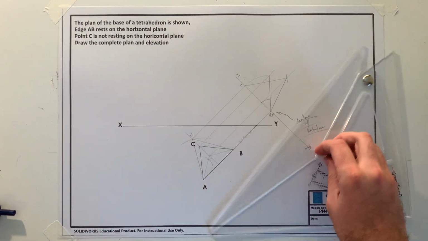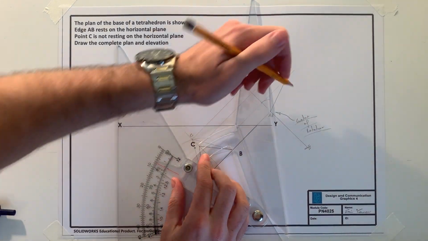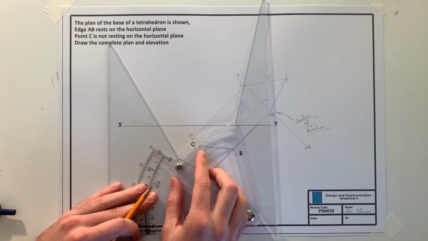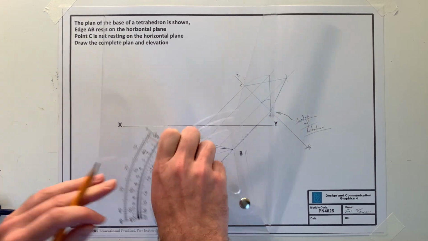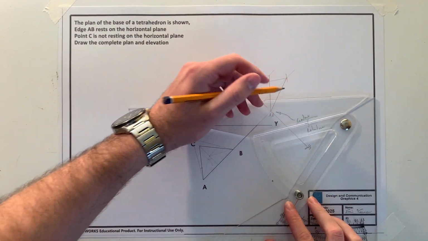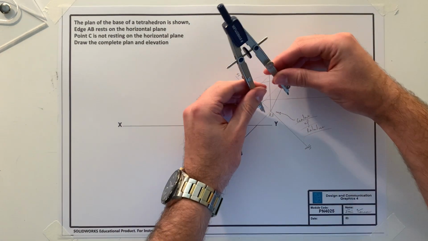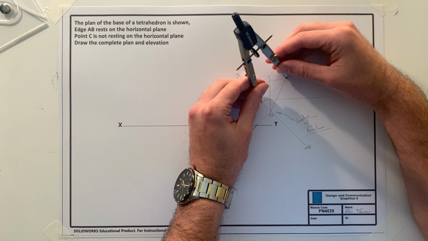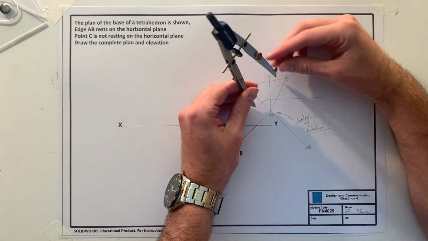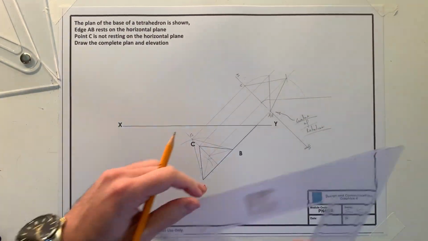Get my adjustable set square. We're drawing my tetrahedron in its rotated position.